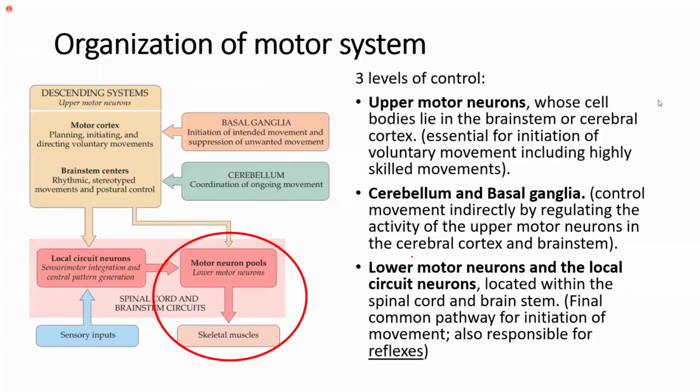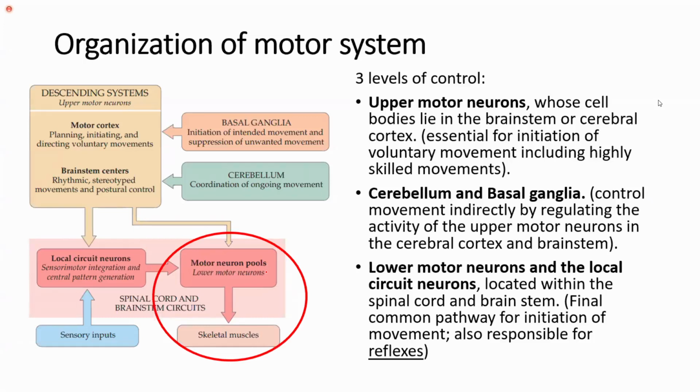Now, the lower motor neurons, which for now means the alpha motor neurons, represent the final pathway for the contraction of the muscle. The lower motor neurons' regulation of the skeletal muscles represents the final pathway to initiate the movement or the contraction of the muscle.